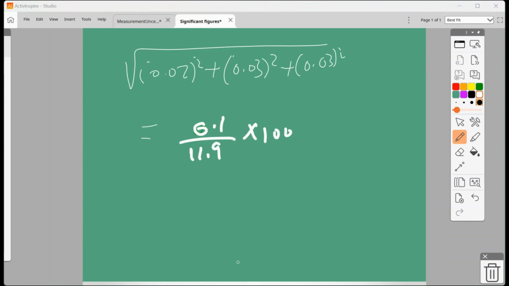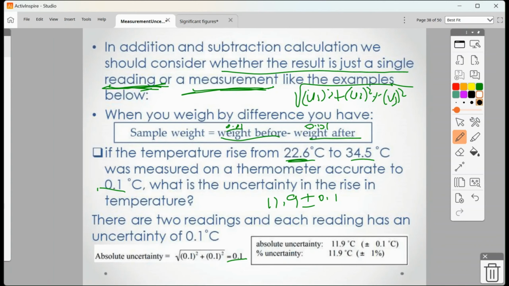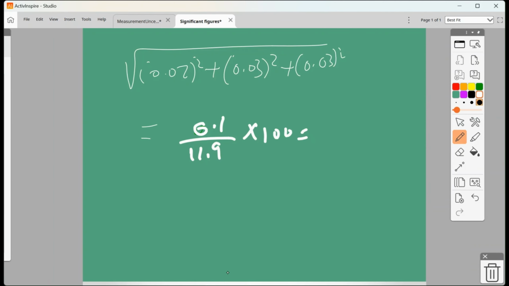I'm going to use the calculator. 0.1 divided by 11.9, then multiply by 100. The answer is 0.84 and other numbers.